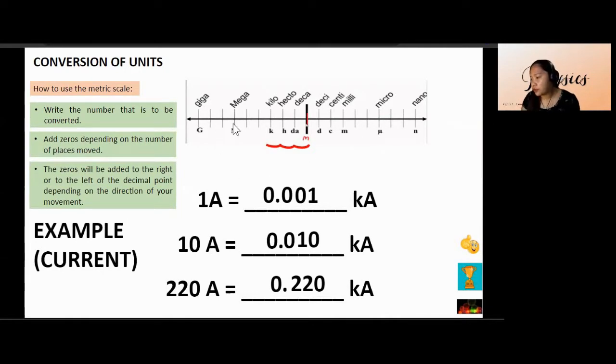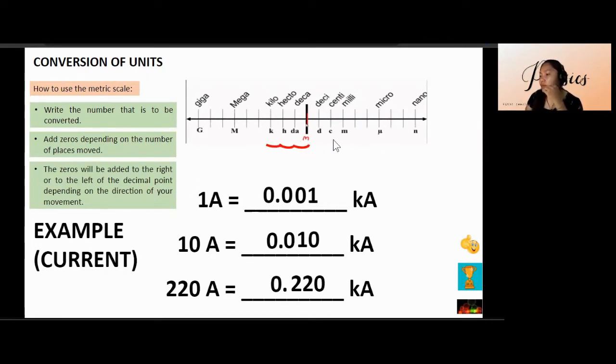So it's very easy if you memorize the metric scale. We have the following order, and the movement, or the places again, depends on the given. For example, hecto, 1 ampere to hectoampere. So you no longer need to move 3 places because that's only 2 places from the base, right?